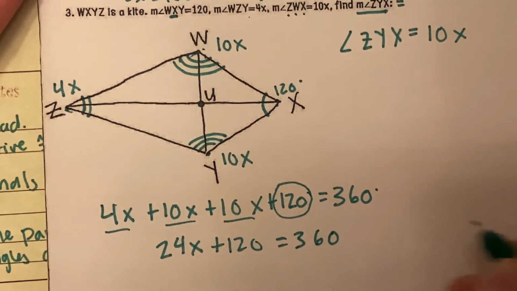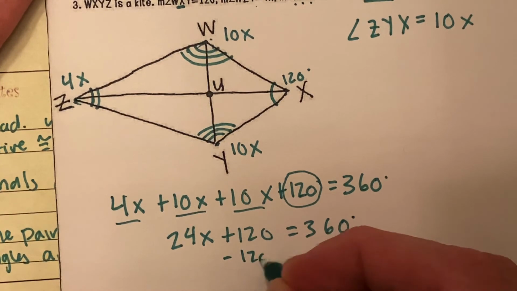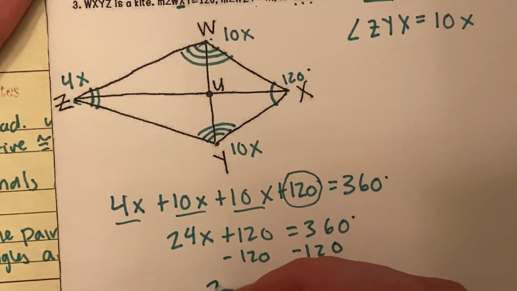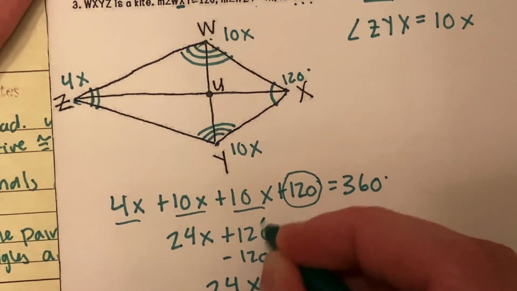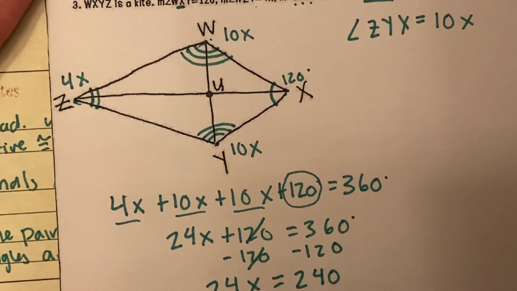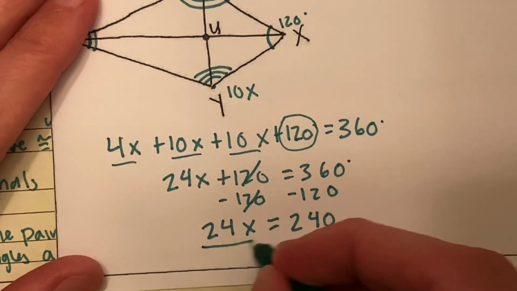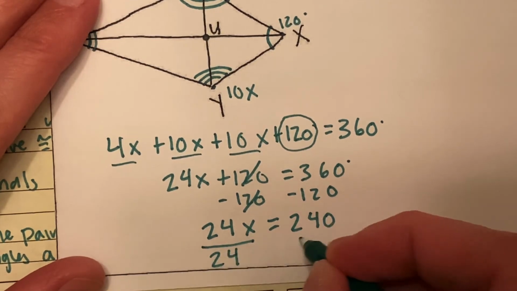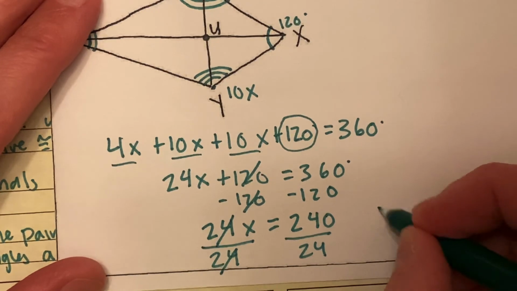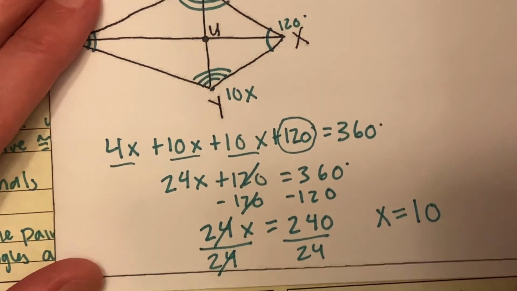Equals 360 degrees. I'm going to minus the 120 over, minus 120 over, and you get 24x, these cross out, equals 240 degrees. How you solve for x is divide by 24 on both sides. And when you divide by 24, x equals 240 divided by 24 is 10.